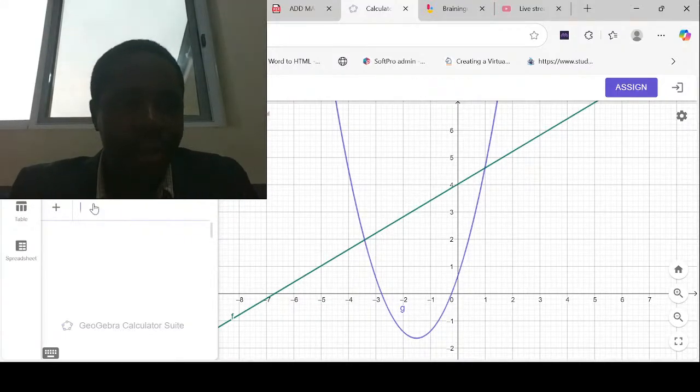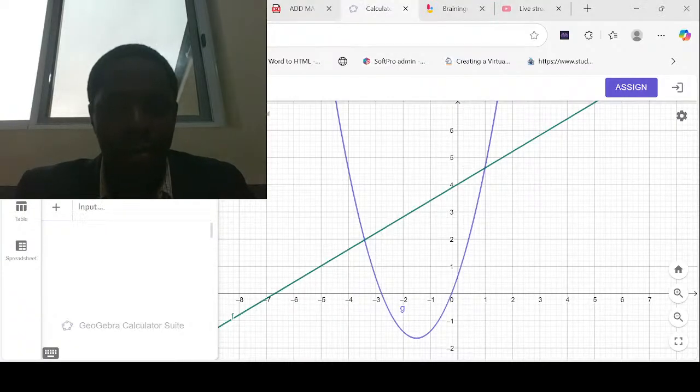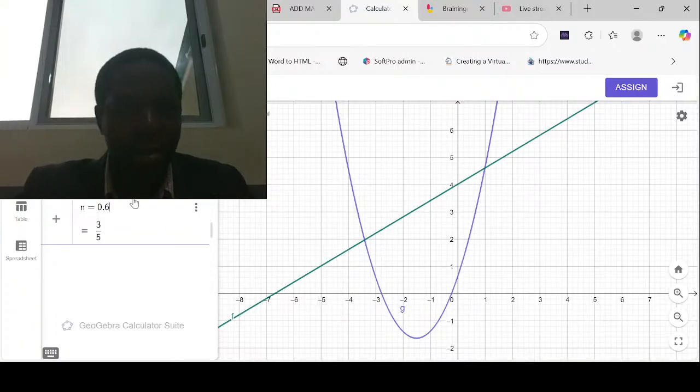So let's see the trick that we can use for this. I want to make n a variable. Let's just say 0.6.